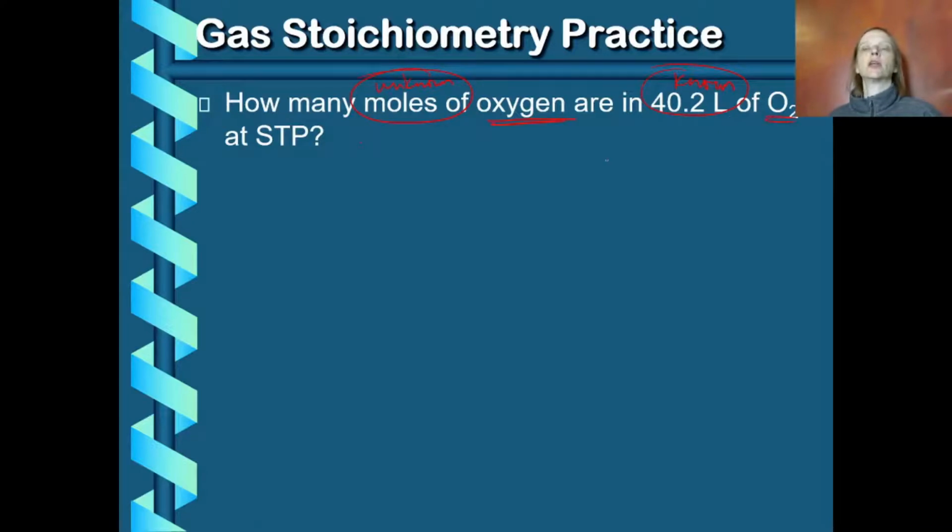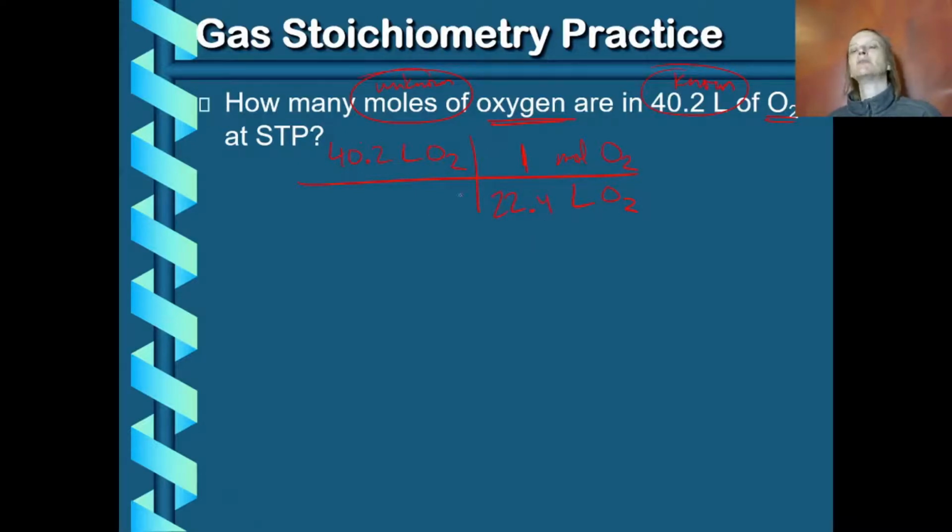Notice we're starting and ending with oxygen, so this is only going to take me one conversion factor to convert to or from moles. If I start with 40.2 liters of oxygen, I can get rid of my liters of oxygen and convert to moles of oxygen, because 1 mole has a volume of 22.4 liters.